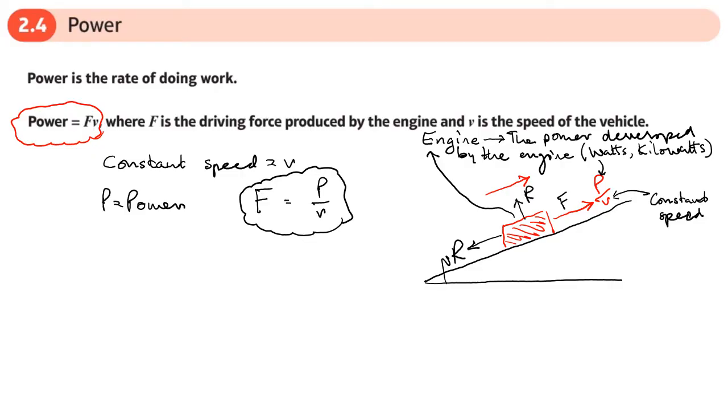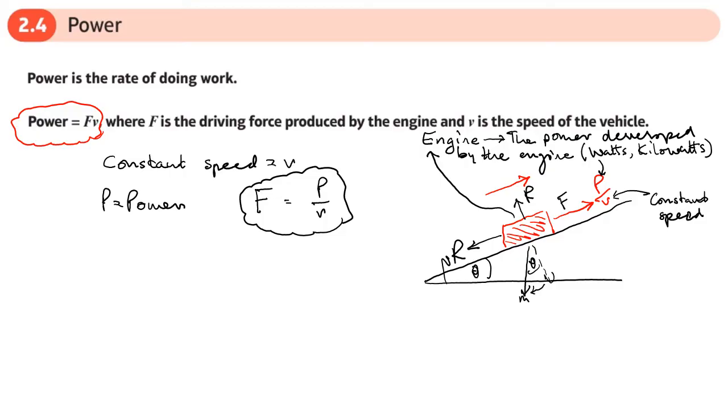So if this is traveling at a constant speed, then in this particular example F would equal mu R, or if we're looking at this force here, let's put theta in there, and let's have m for the mass of it. Then if it's traveling at constant speed, the forces are balanced.